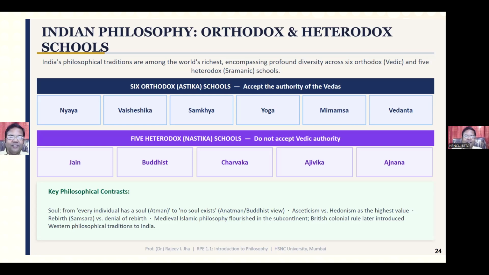The Buddhist tradition, itself internally diverse from Theravada to Madhyamika to Vajrayana, offers one of the most sophisticated analyses of consciousness, impermanence, and dependent origination. These philosophical traditions did not exist in isolation. They engaged in active, rigorous debate with each other for centuries.